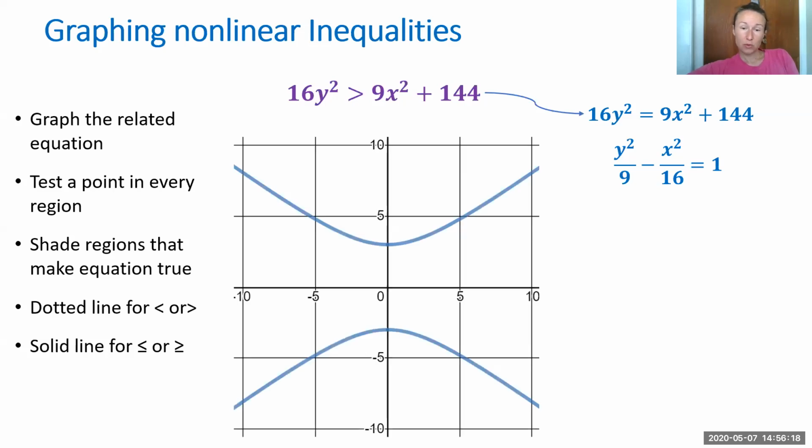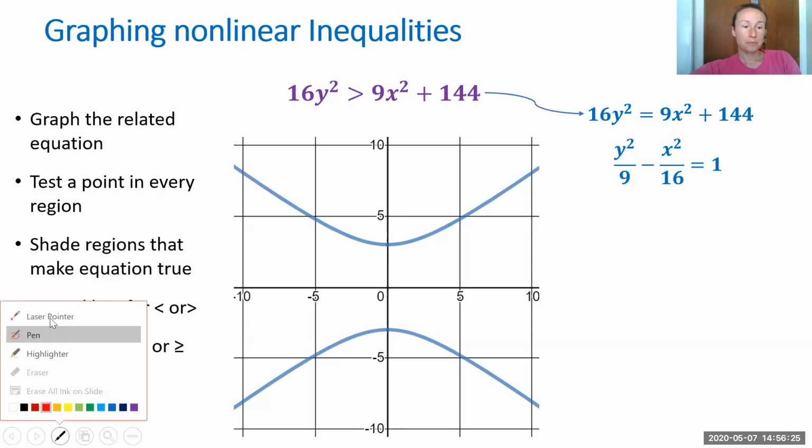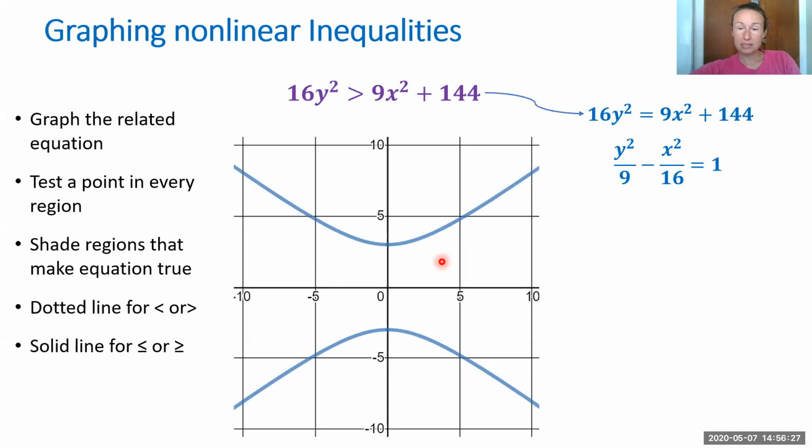Then we graph that related equation. The graph of that equation looks like this. The way we came up with it is we drew our box. Our radius in the y direction is 3, and our radius in the x direction is 4. So we drew a box that's 3 away from the center in the y direction and 4 away from the center in the x direction.